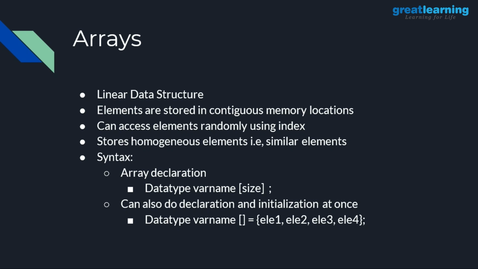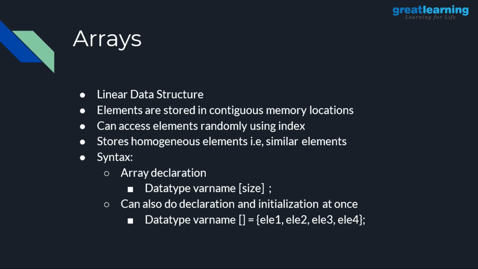For example, data type, variable name, then empty square brackets, and then element 1, element 2, element 3, and element 4. There is no size because I am declaring and initializing at once.